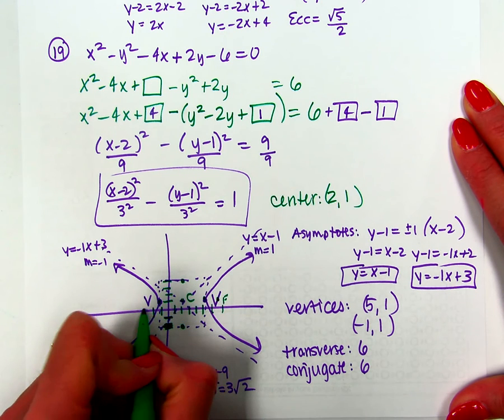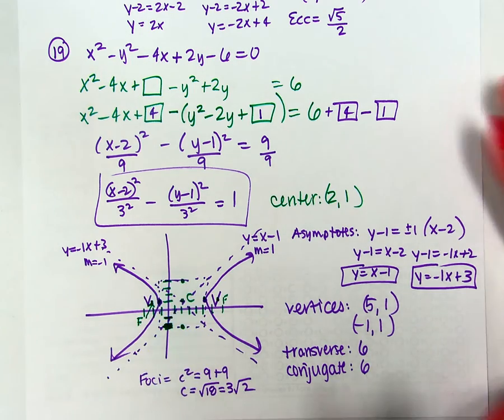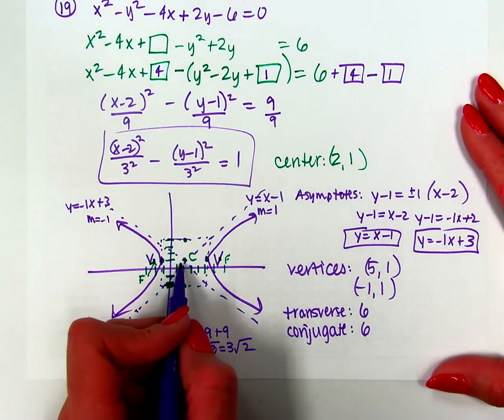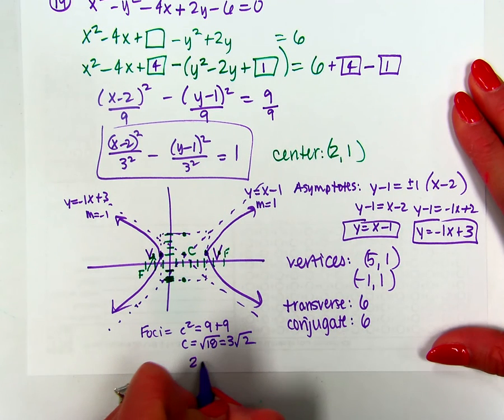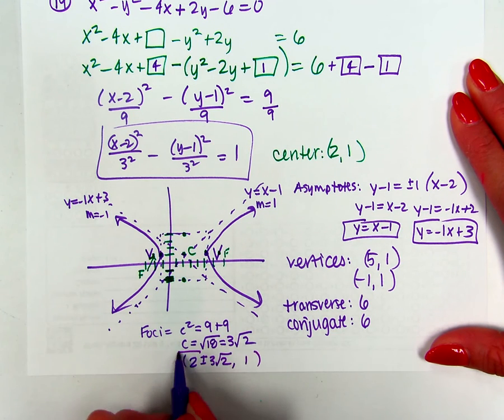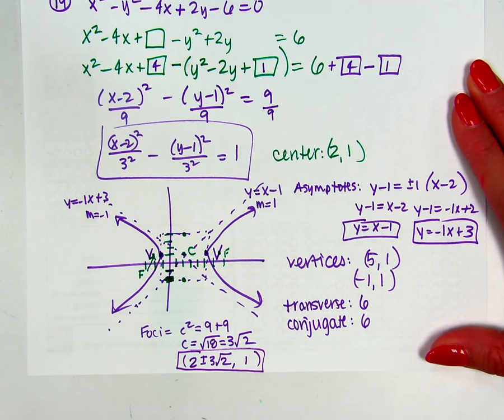All right, so that's really my focus there. And we should say where our focal points are. So the center was at 2, but then I went in the x direction 3 root 2, either adding or subtracting that, but my y coordinate did not change. So there's my coordinates of my focal points, or my foci.